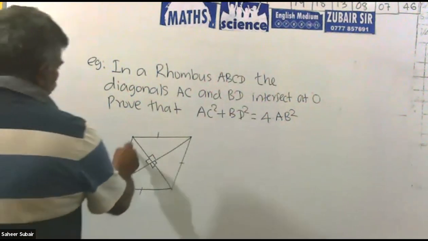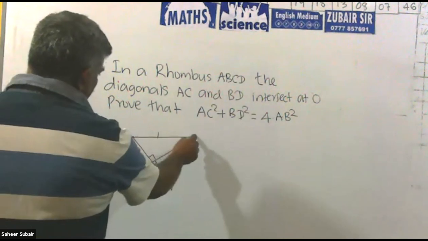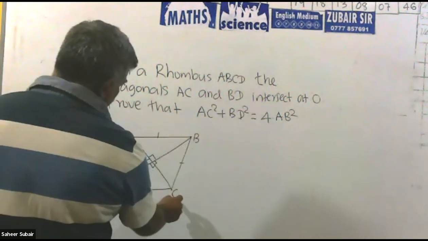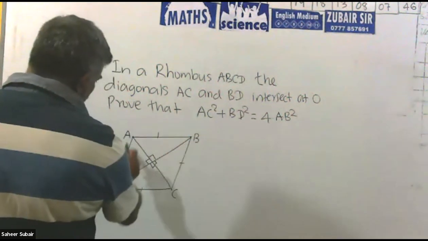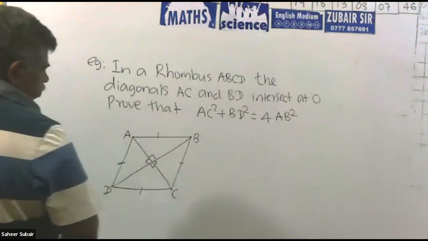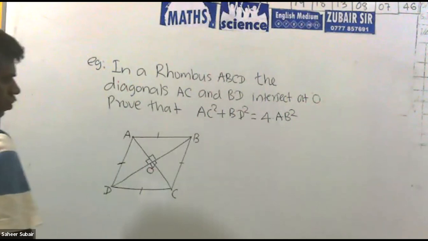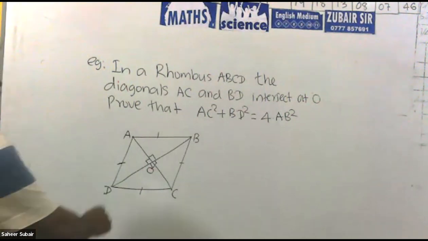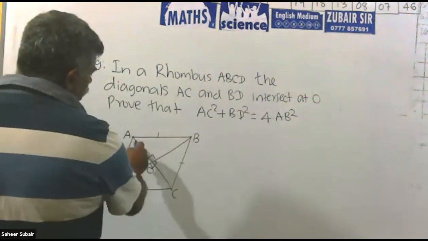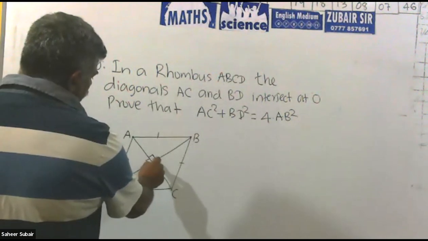So they are telling about rhombus ABCD. We can put the letters in any order, no problem. The intersecting point is O. Then all four sides are equal, the diagonals bisect each other at right angle.